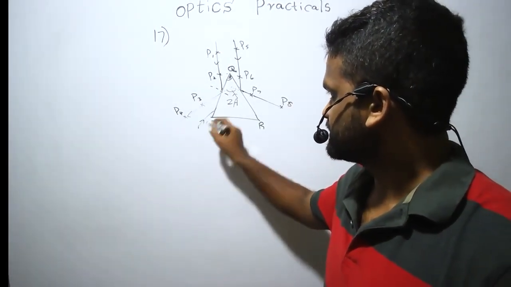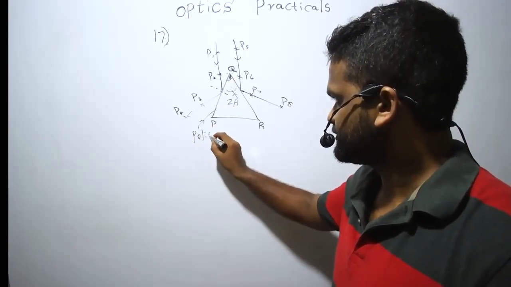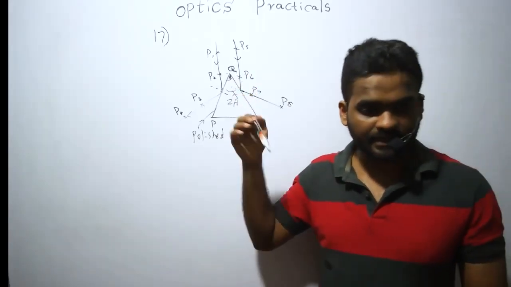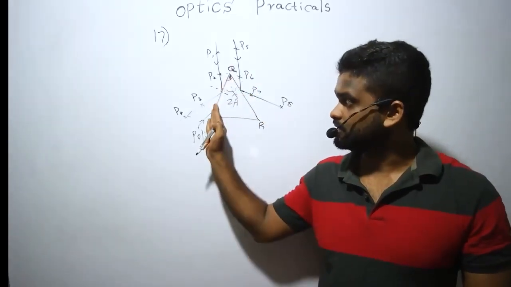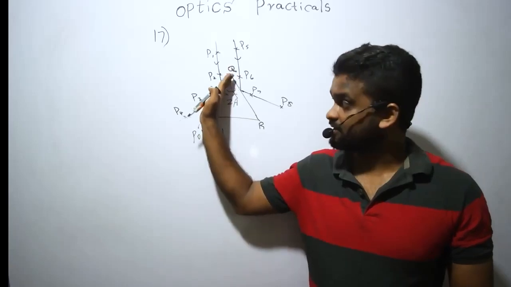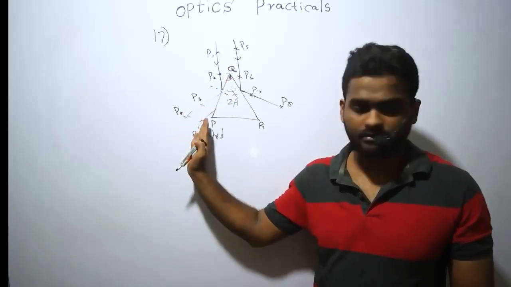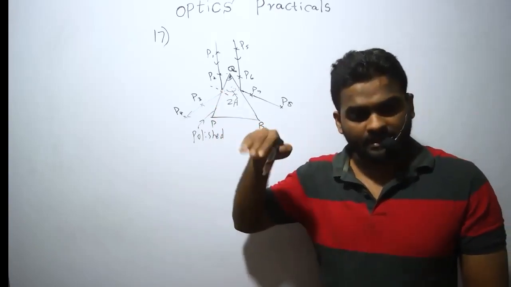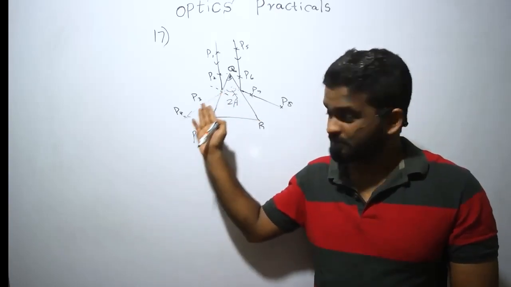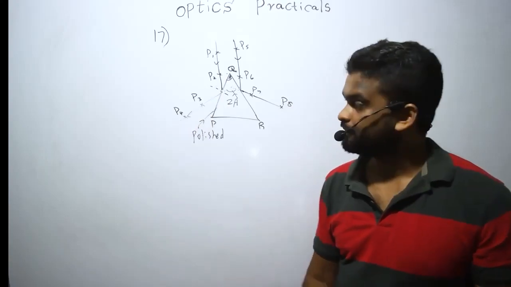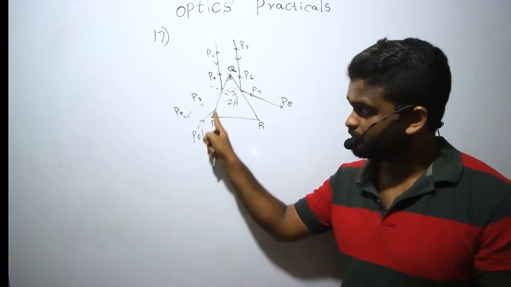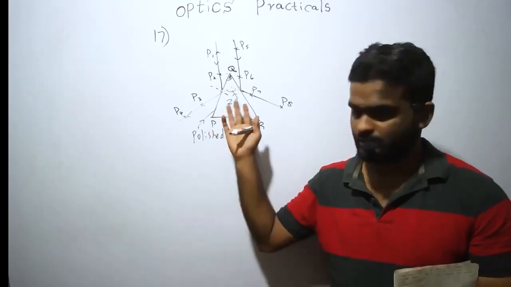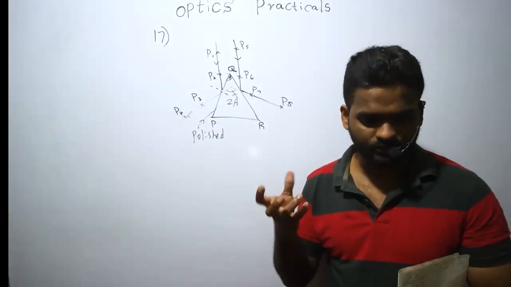So these surfaces should be polished for this experiment, because these surfaces have to act like mirrors. You are using the image of reflection, not refraction. Earlier you used refraction, right? About 80% gets refracted, 20% gets reflected. About. So these surfaces should be well polished. You have different prisms when you are doing this experiment, but we are using the same prism.